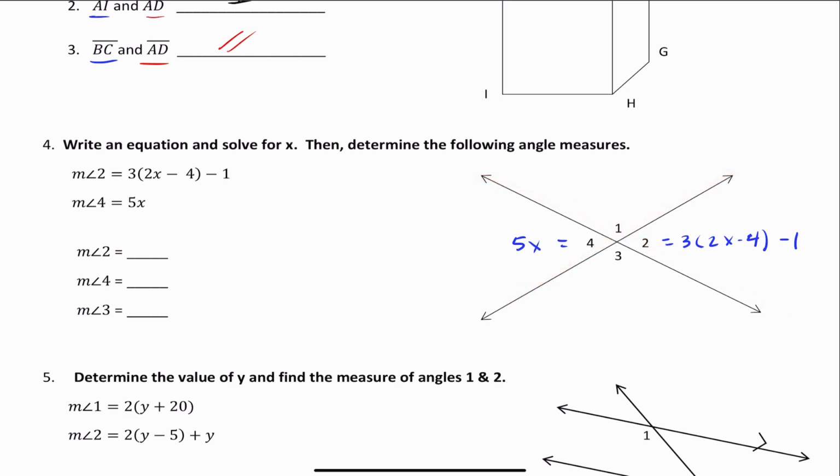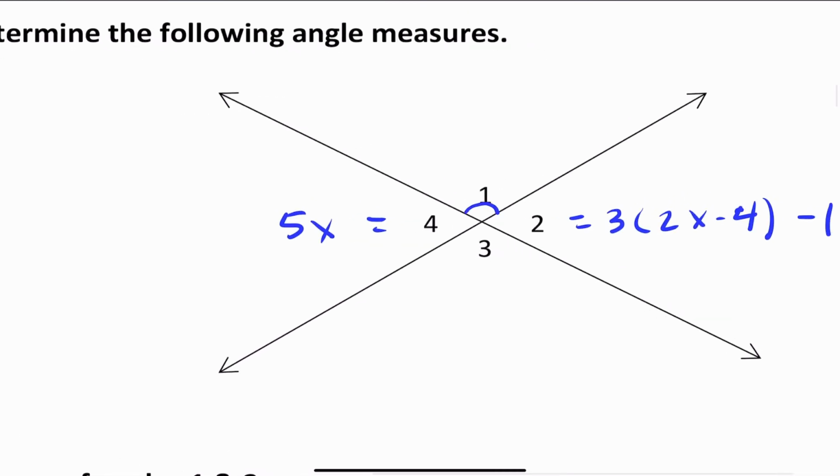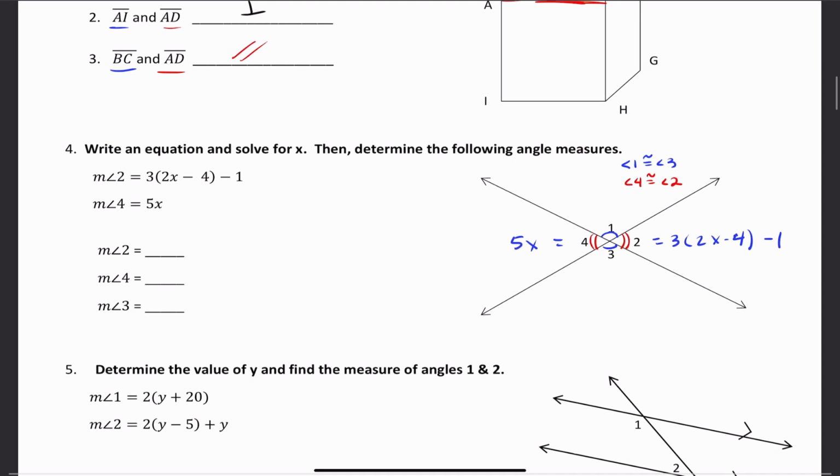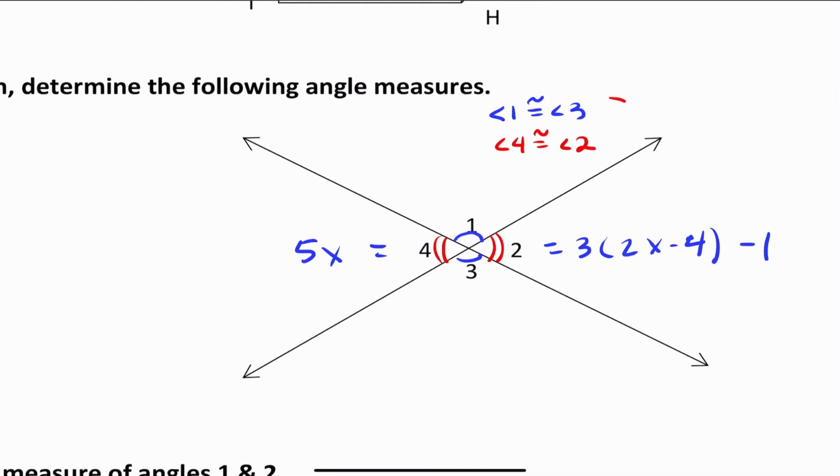That means that the angles across from each other are congruent. So we can say that angle 1 is congruent to angle 3, and angle 4 is congruent to angle 2. Why? That's because of vertical angles.